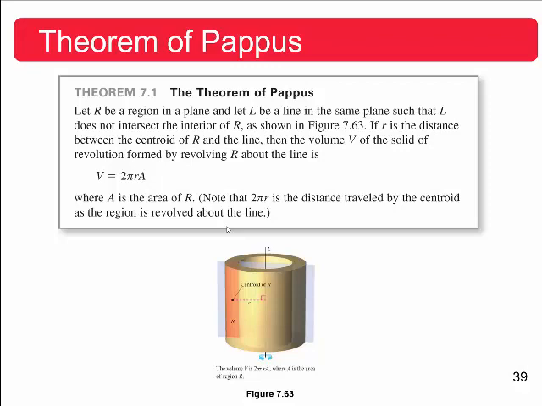Let r be the distance between the centroid of this region R and the line. Then the volume V of the solid of revolution formed by revolving R about the line is equal to 2 pi r times A, where A is the area of R. Note that 2 pi r is the distance traveled by the centroid as the region is revolved about the line.